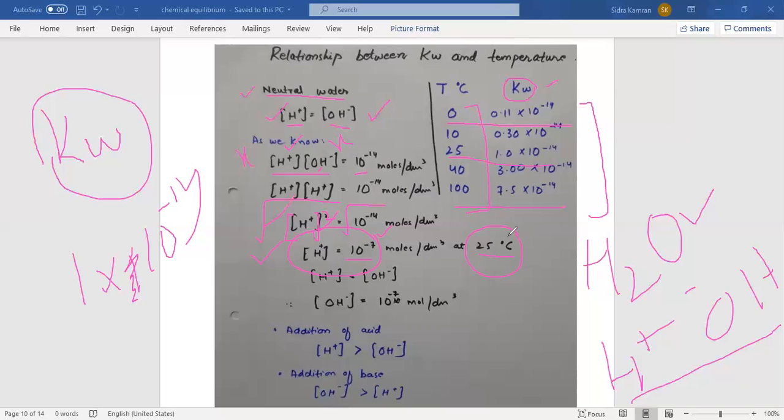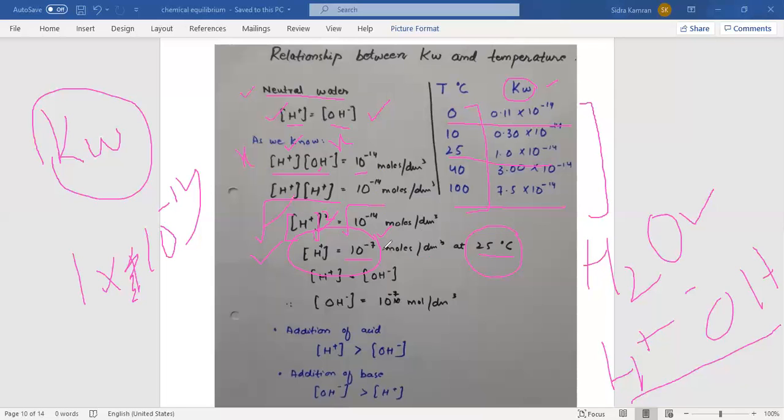I only said that the concentrations of H+ ions and OH- ions remain the same because one water molecule dissociates into an H+ ion and an OH- ion. So they produce the same amount of H+ ions and OH- ions at a specific temperature. But the concentration can increase when you increase the temperature.